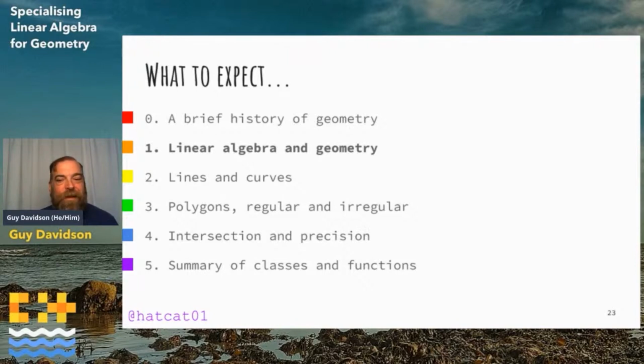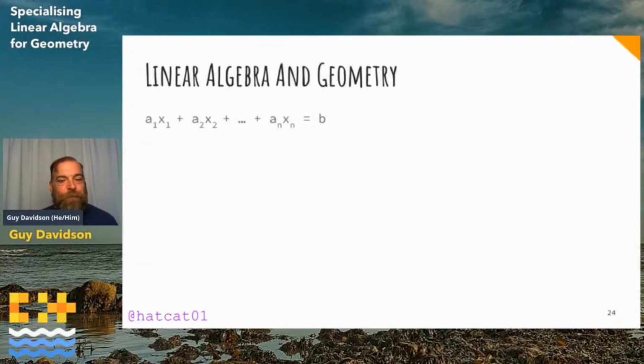Now, let's look again at the general form of a linear equation. Now, we can migrate this to the 2D plane with a little substitution. And then more familiarly, we can turn this into ax plus by equals c, and that becomes by equals negative a times x plus c.